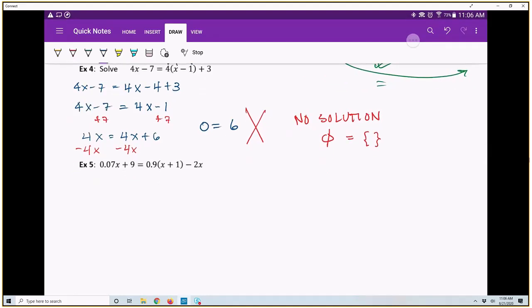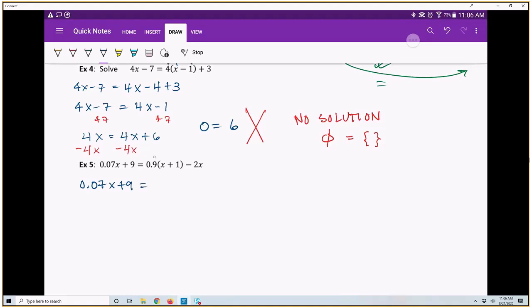All right, now let's look at example 5. In example 5, our coefficients are decimals in some cases, but we're still going to work this the exact same way. So on the left side, I don't have anything that I can combine. I have 0.07x plus 9.